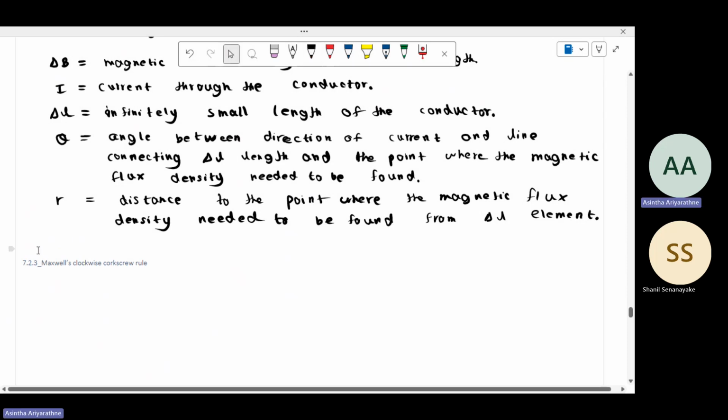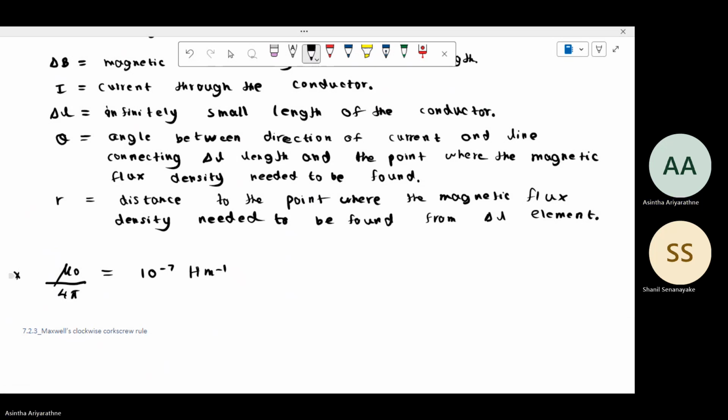And the value of mu naught over 4 pi is 10 to the power minus 7 Henry per meter. This would be given in the examination. Note that mu naught over 4 pi is equal to 10 to the power minus 7 Henry per meter.